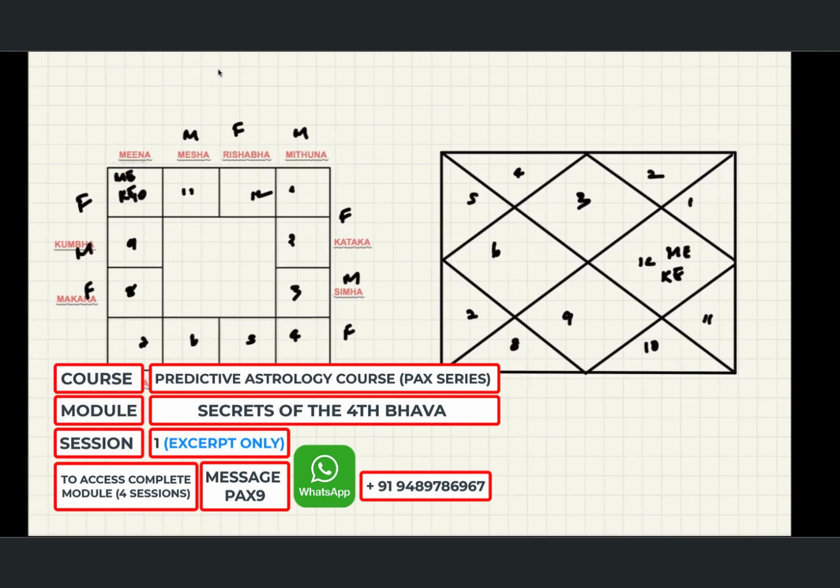Now, in a female horoscope, next, in a female horoscope, this is a rule. Lagna Lord in the seventh, the fourth Bhava Lord along with the Ashubha Graha. See, I'm just going to give you this as something to contemplate upon.